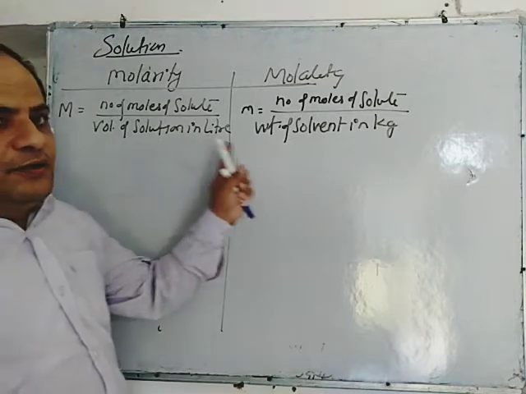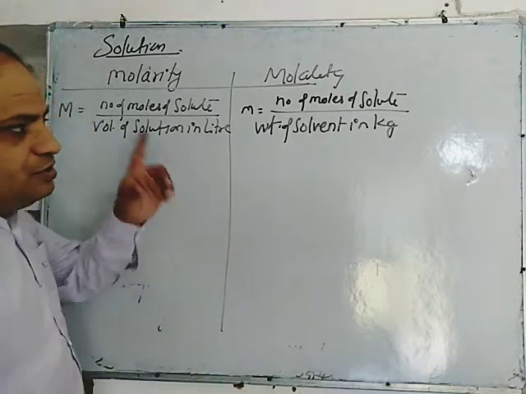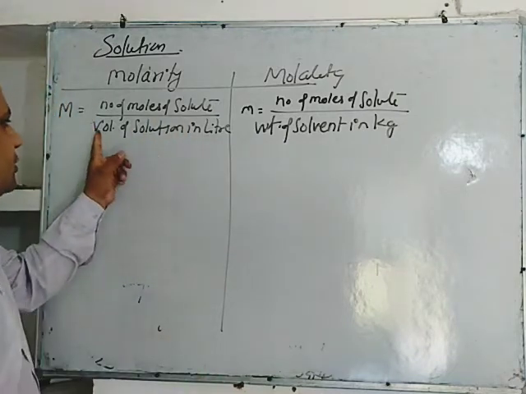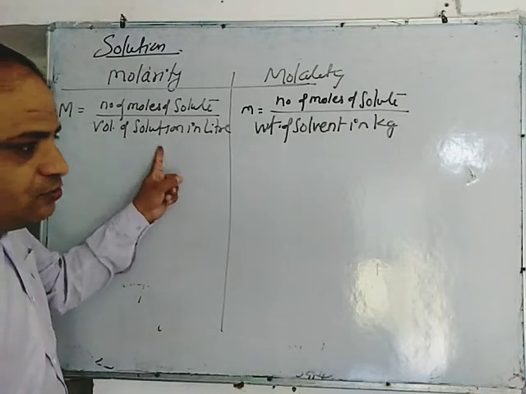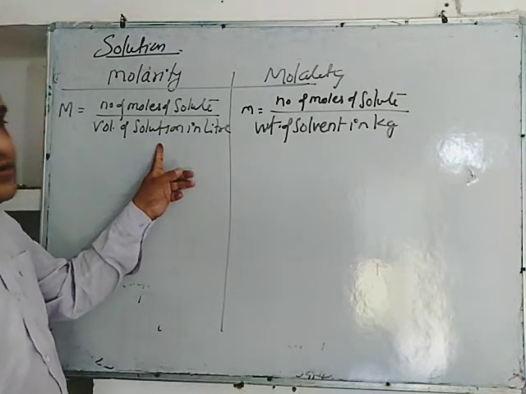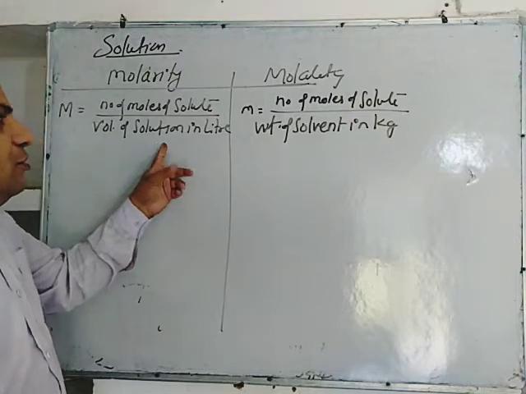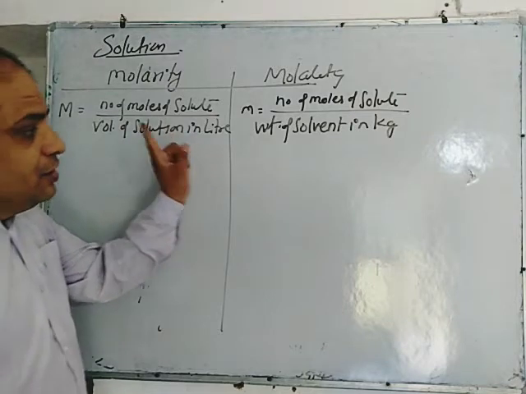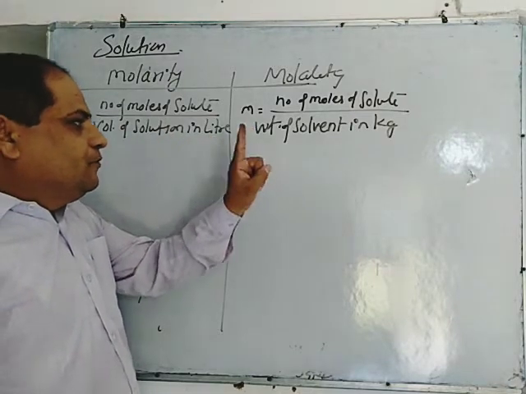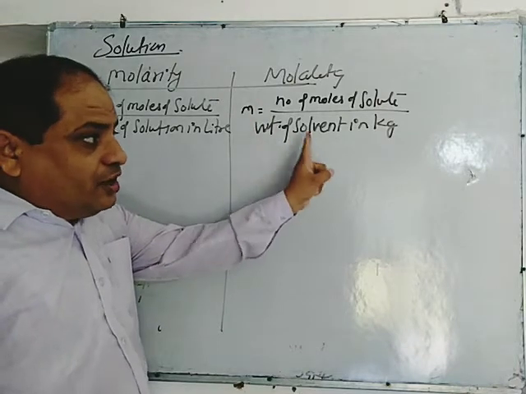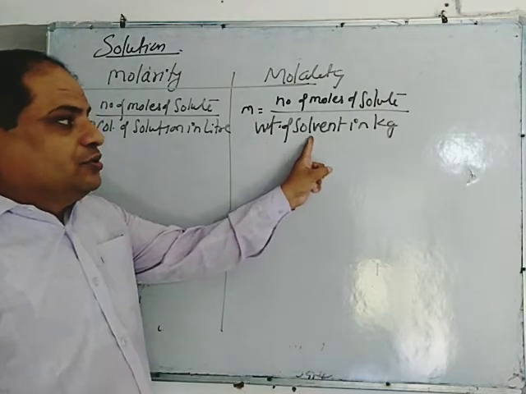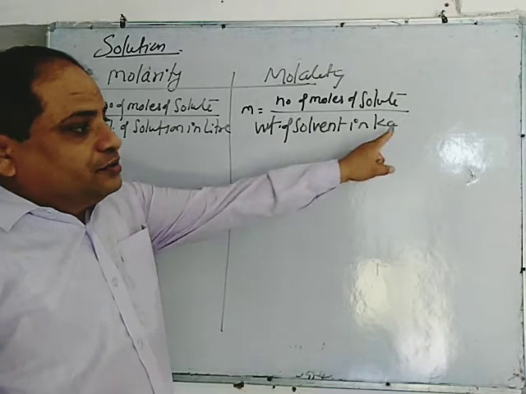One very important difference is there. You have to keep it in your mind that here, volume of solution means solute plus solvent both, volume of solution in liter. Here, weight of solvent only, not of solute, weight of solvent in kg.